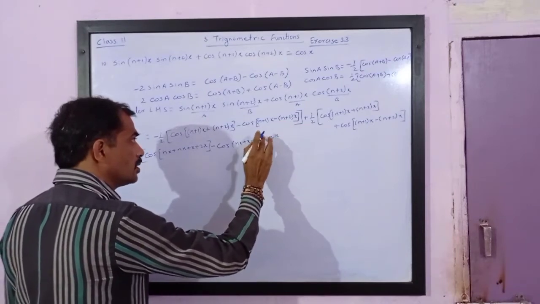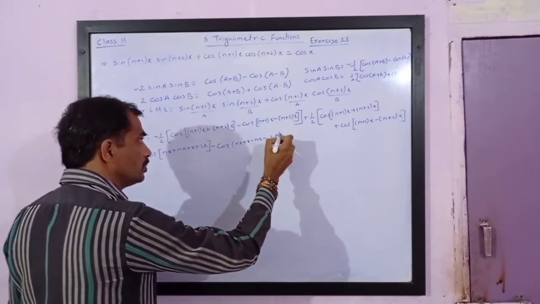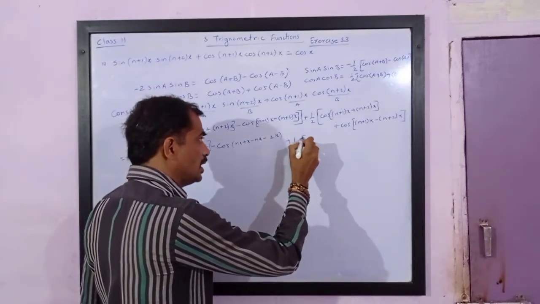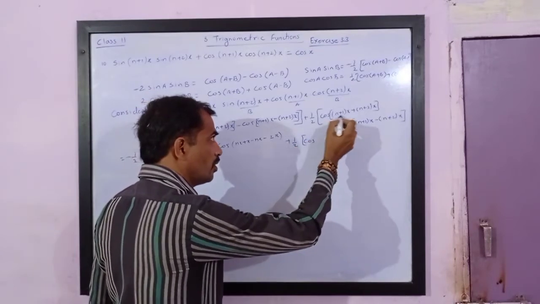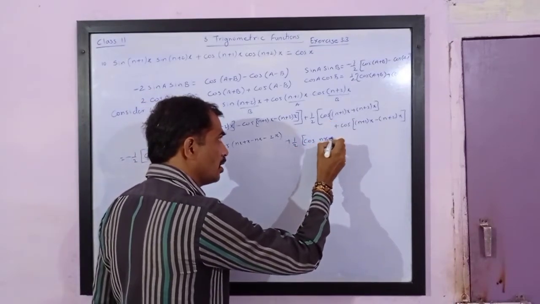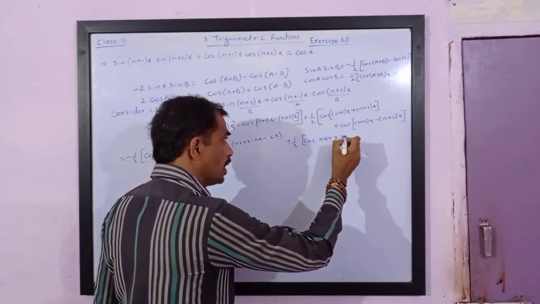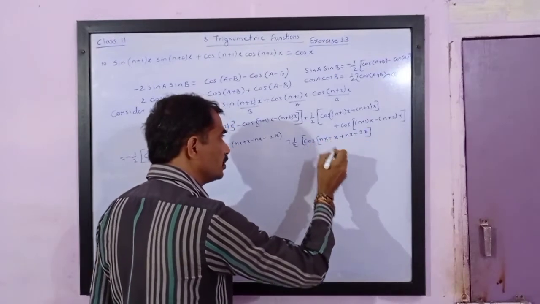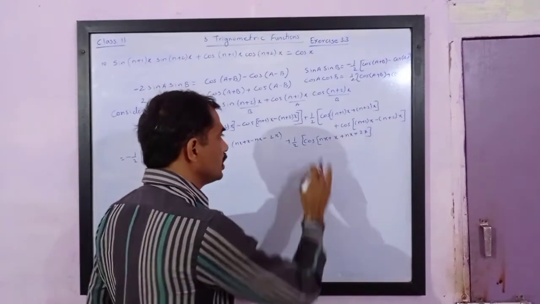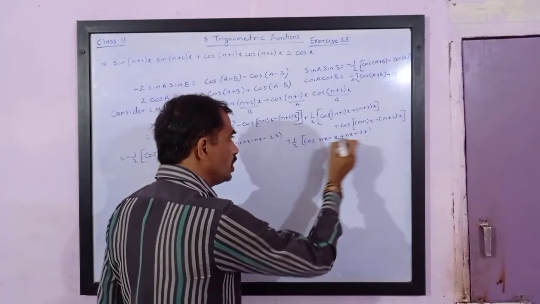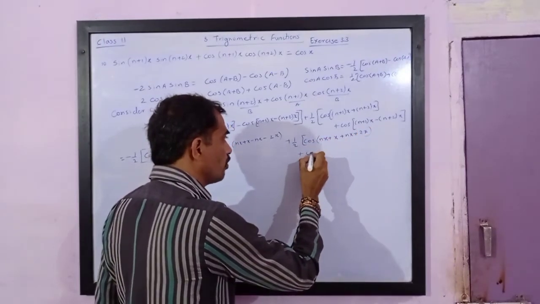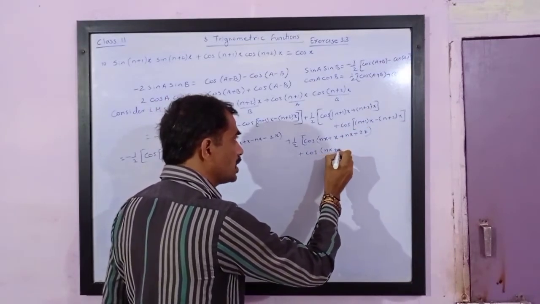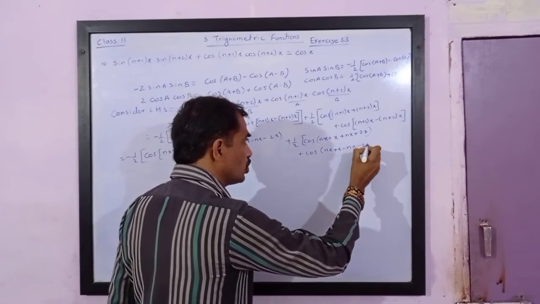Both will become minus. Now this will be plus half outside as it is, cos of (nx plus x plus nx plus 2x), and I will use round brackets to avoid confusion, plus cos of (nx plus x minus nx minus 2x).